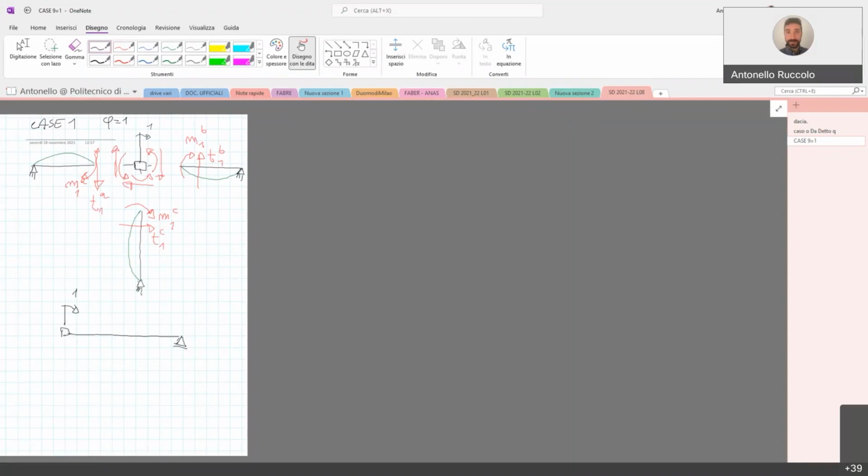So the deformed shape will be like this. I wanted to make explicit what's on the structure and what's on the node, so that if it is clear once, it is clear for all.